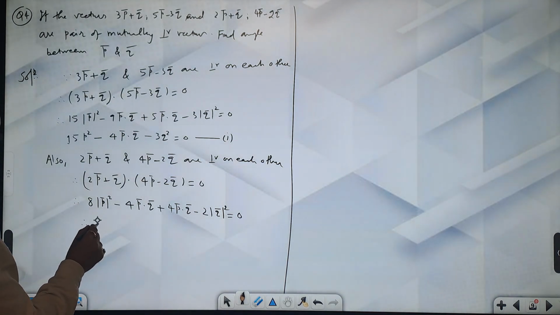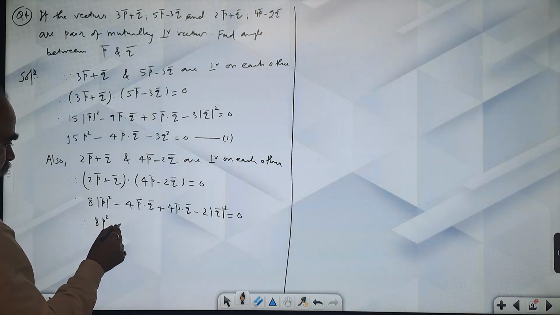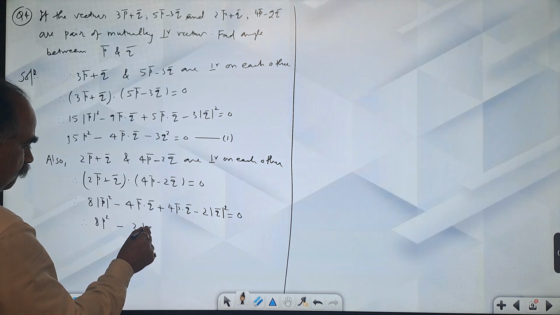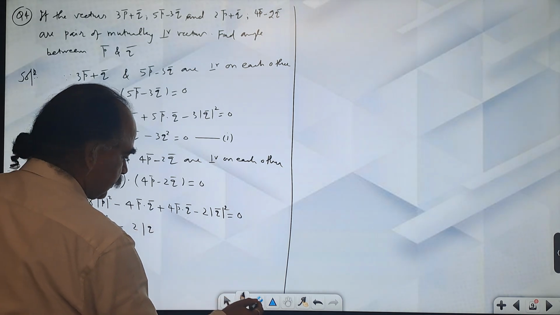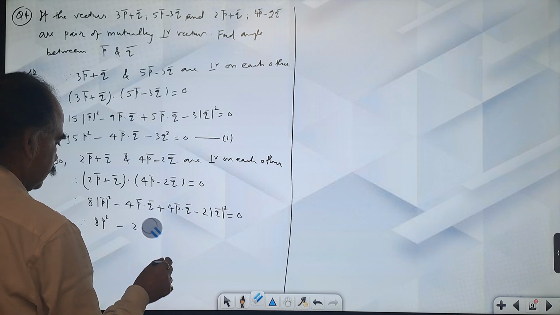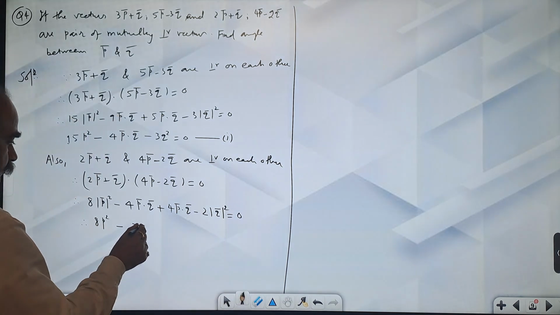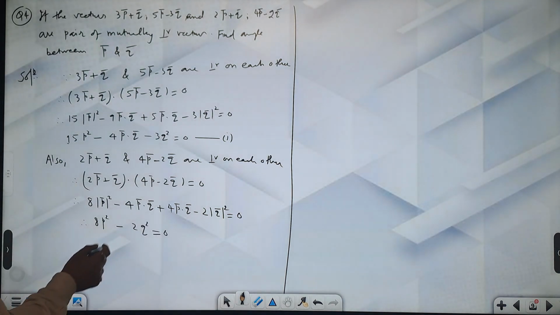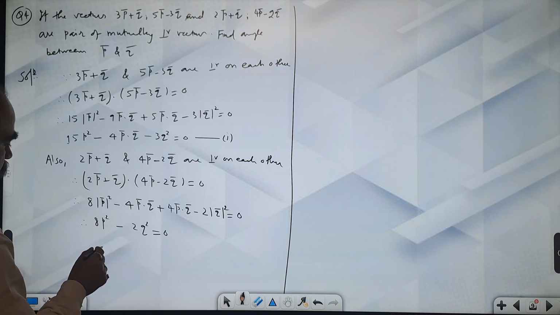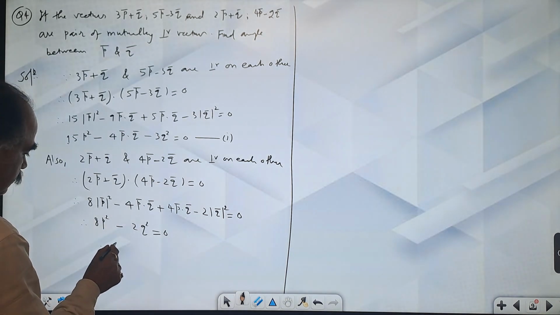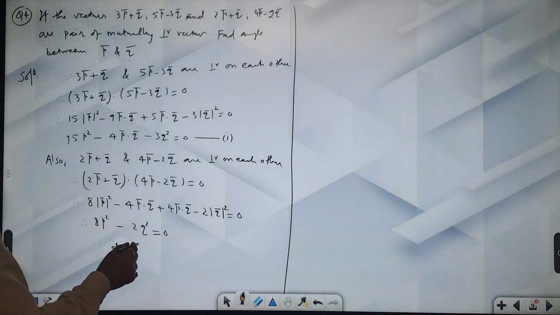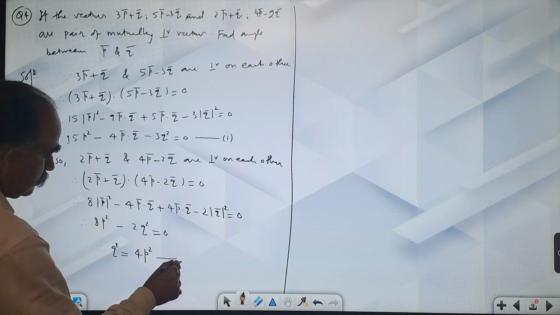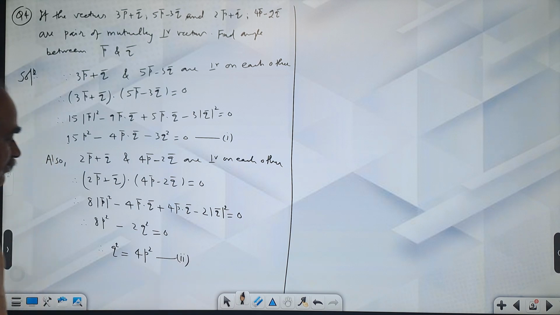So 8p square minus 2q square, the p dot q terms will get cancelled. So from here we can find q square. Q square is same as 4p square. Write this as equation number 2.